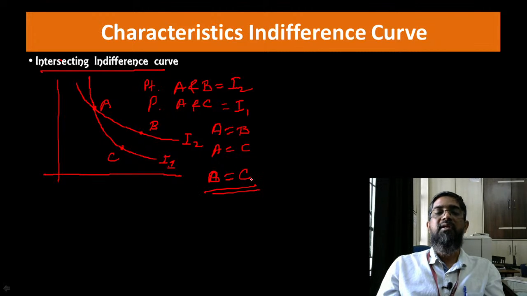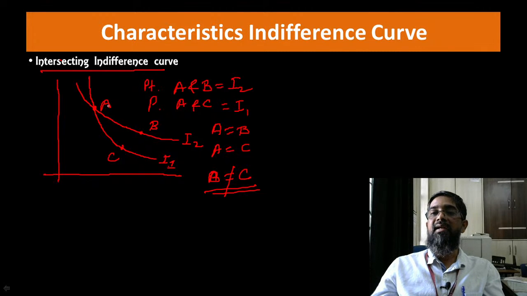But B cannot be equal to C because B is on the higher indifference curve, that is I2, and C is on the lower indifference curve, that is I1. So this is inconsistent. That's why two indifference curves cannot intersect each other. This is another characteristic of indifference curve analysis.